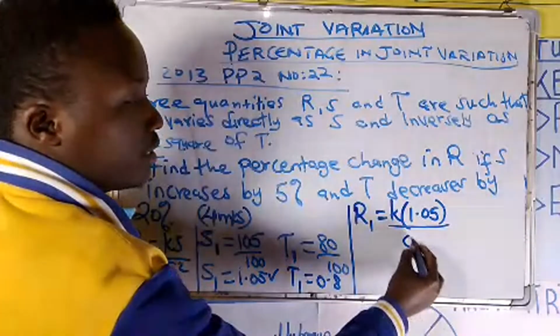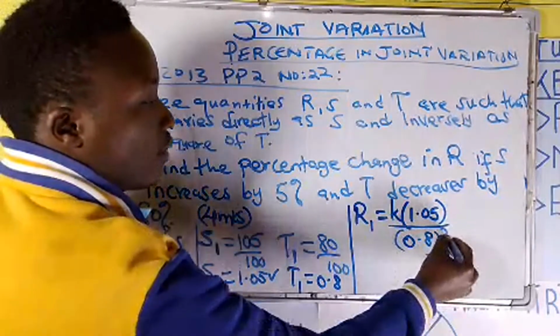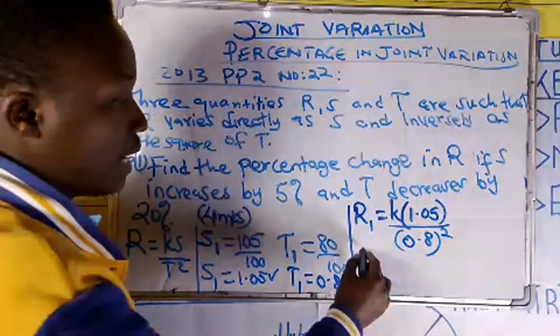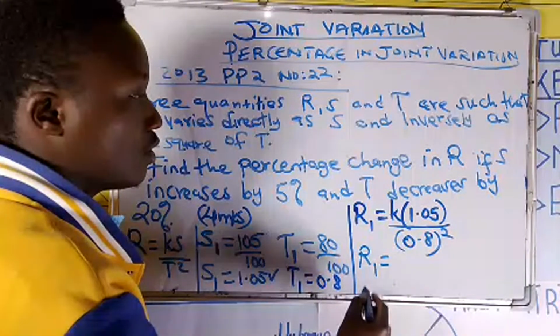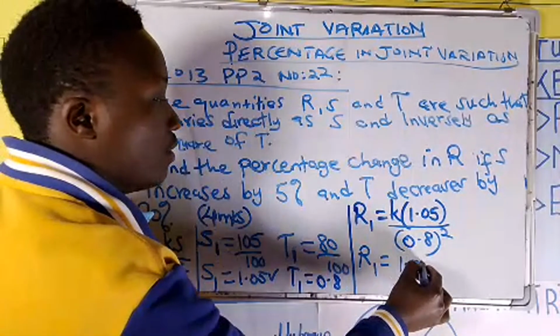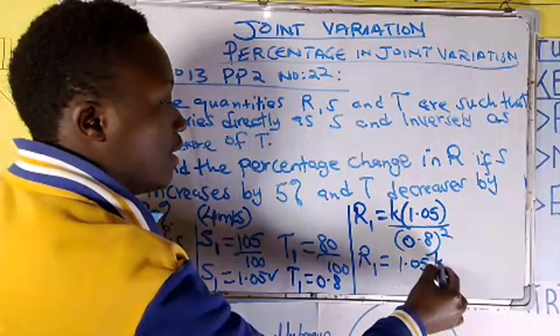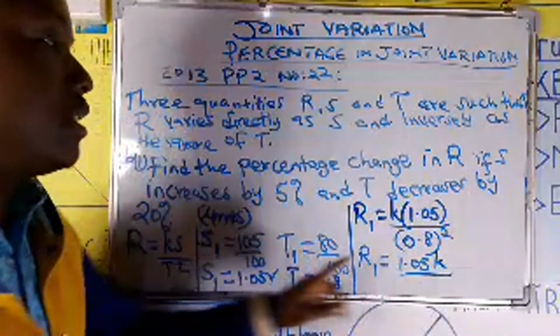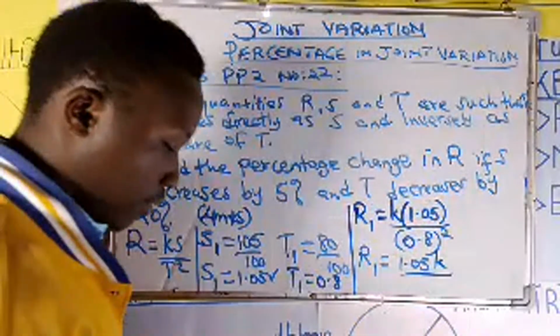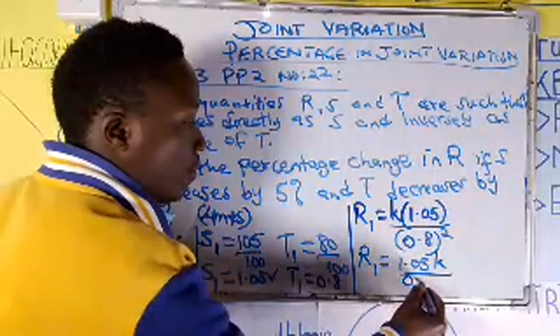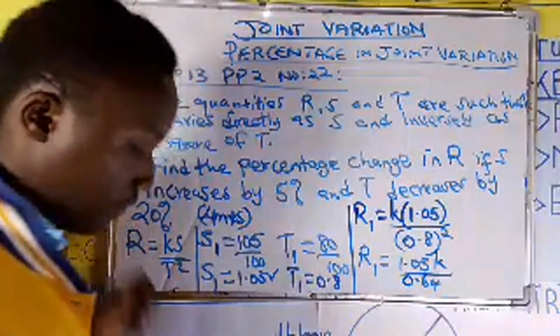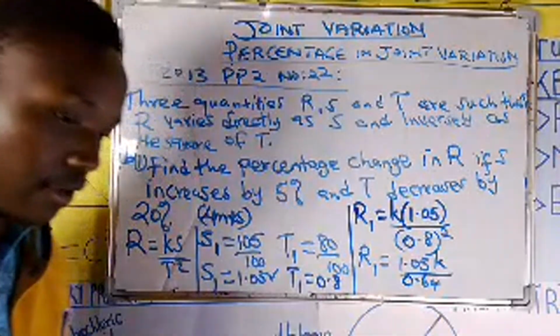So it is going to be 0.8 squared. So our new R is going to be equal to 1.05 K over 0.8 squared, which is equivalent to 0.64.